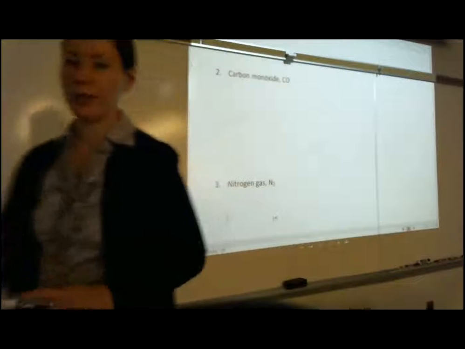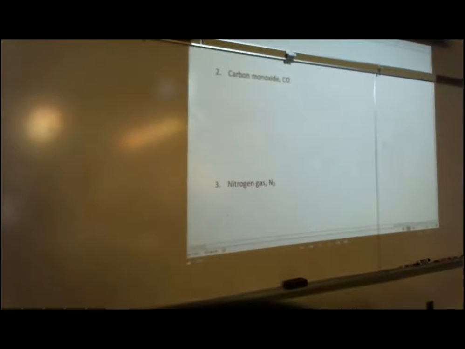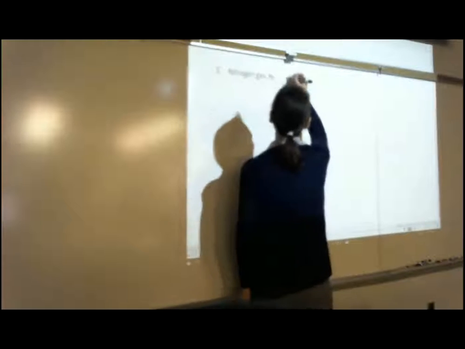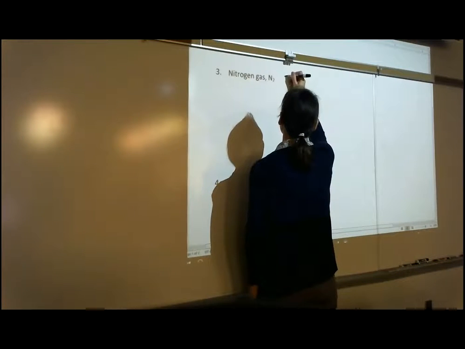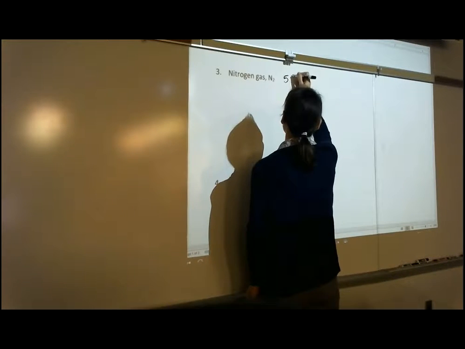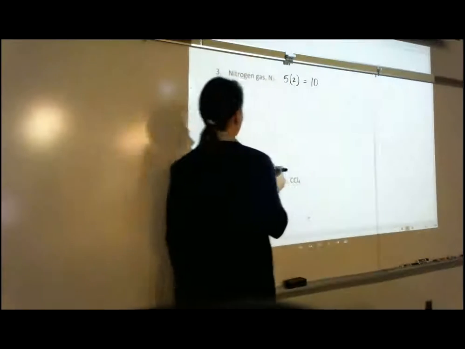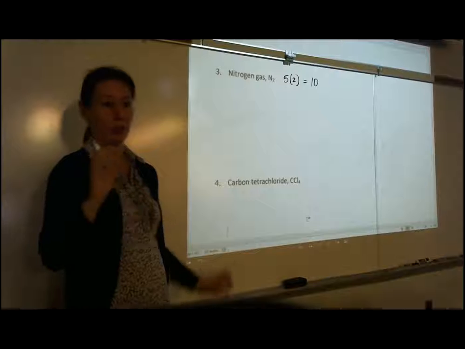Let's do nitrogen gas, N2. So each nitrogen has how many? 5, right? And there are 2 of them, so I get 10. So again, do we need to worry about central atom?